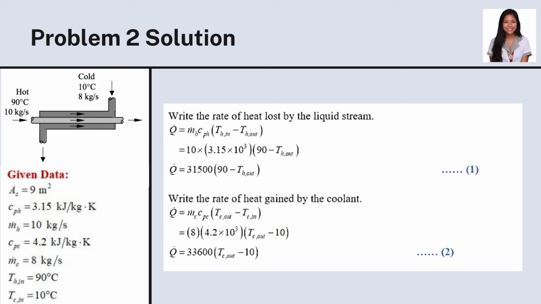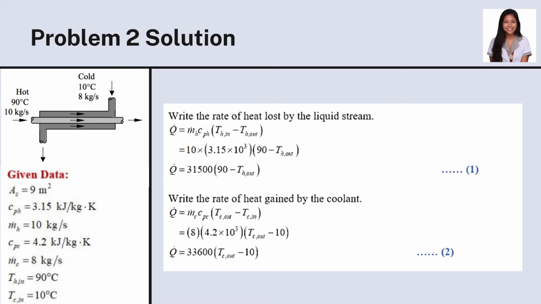Okay, now the rate of heat transfer may then be expressed as Q equals m c delta T. This is a very common equation that we have encountered since we were in first year. Now, by substituting the values into the formula, we can get the rate of heat loss by the liquid stream at Q equals 31,500 multiplied by the quantity of 90 minus the hot fluid temperature of the outlet stream.